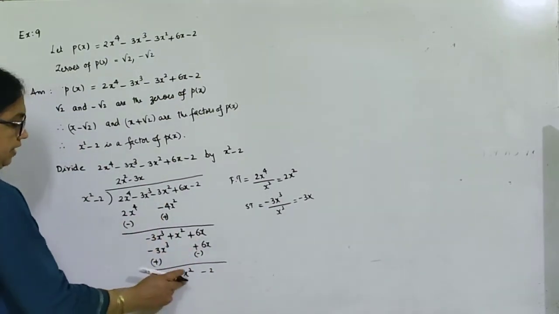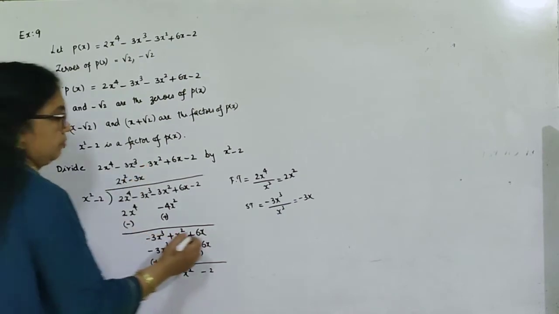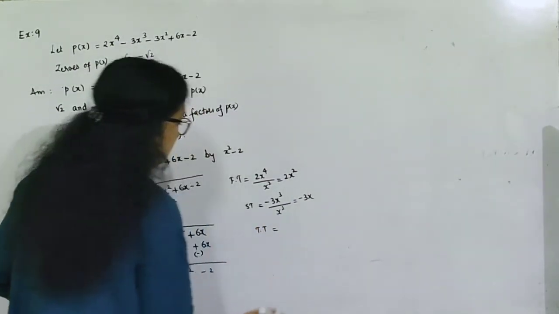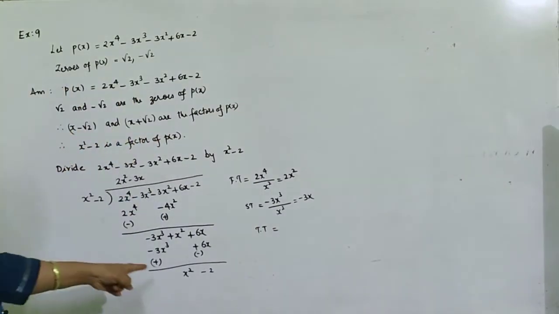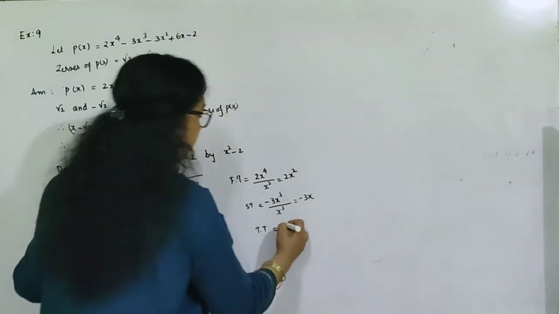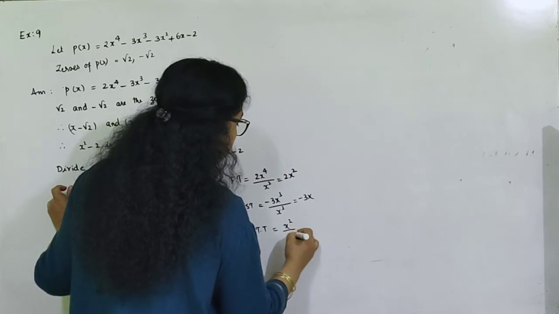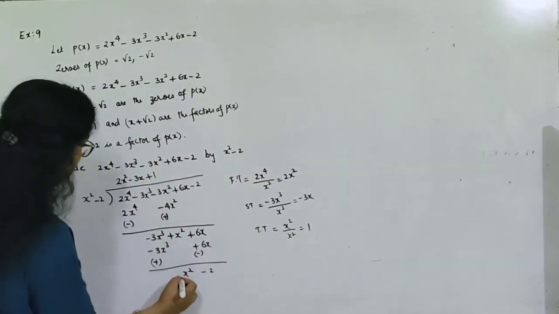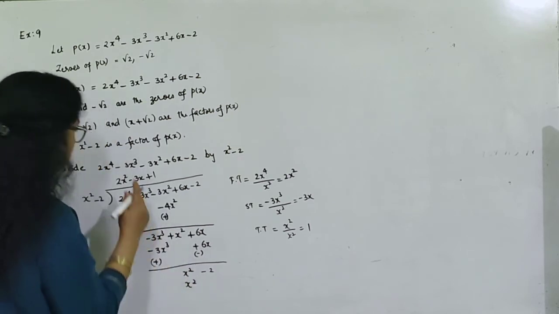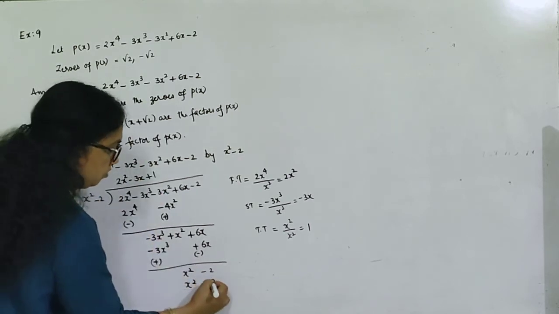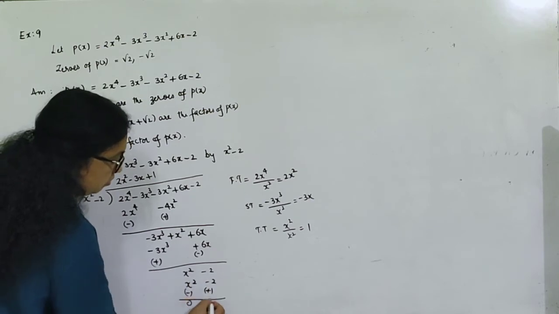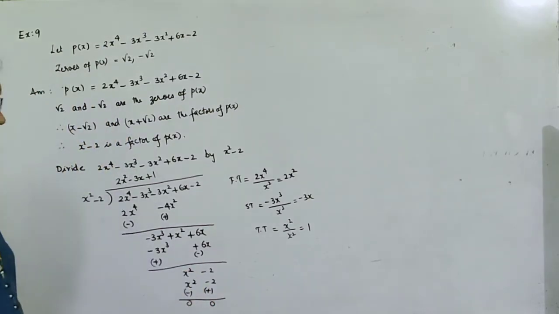Now to get the third term, x square divided by x square, how much is it? 1. So plus 1. Then 1 into x square, and 1 into minus 2 is minus 2, subtract and we get 0. Now look, the remainder became 0.